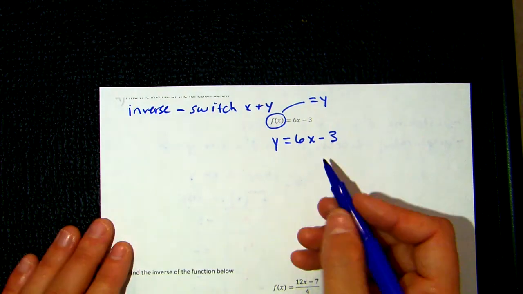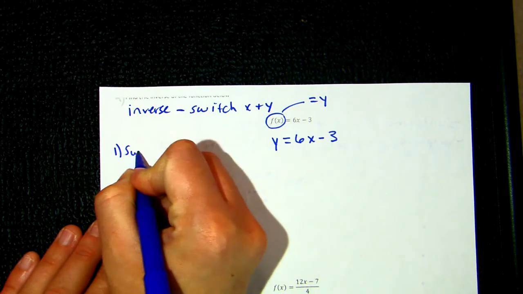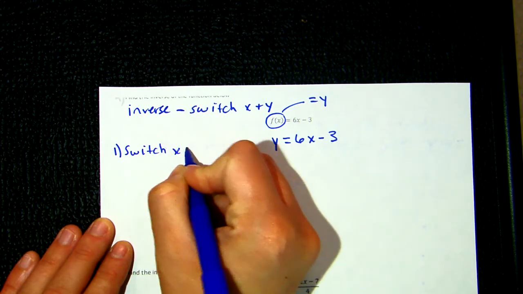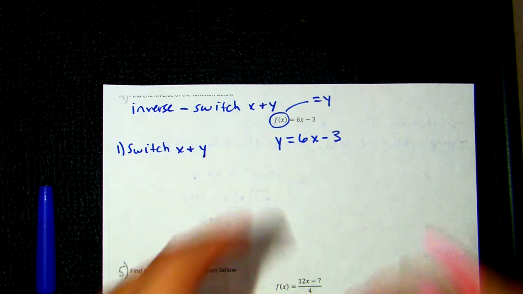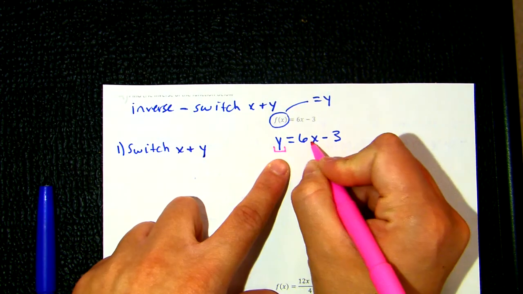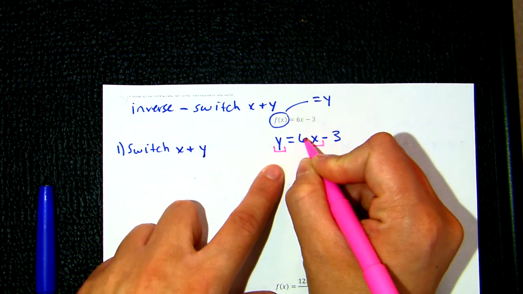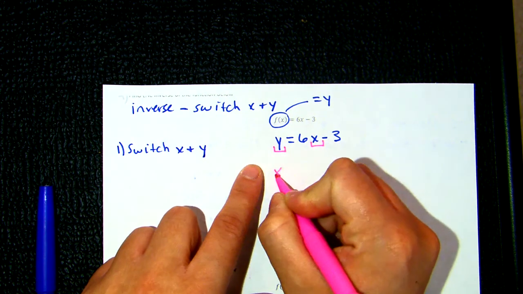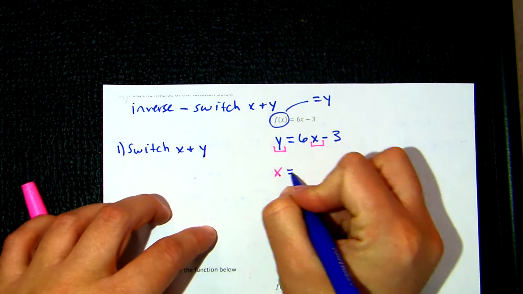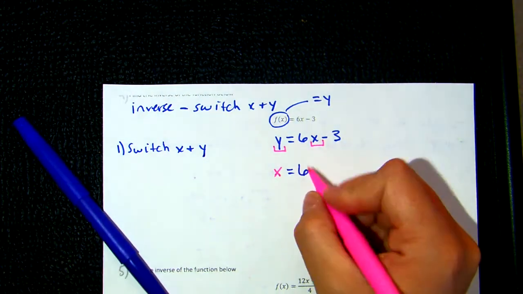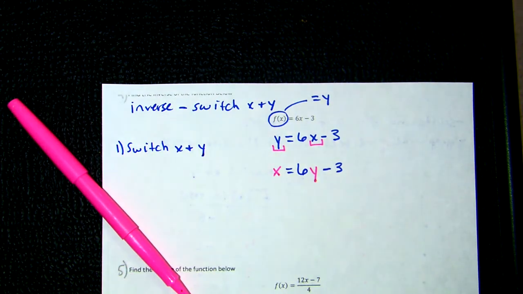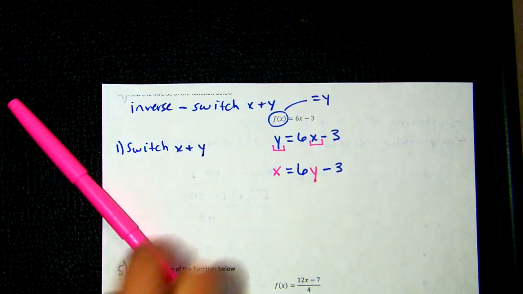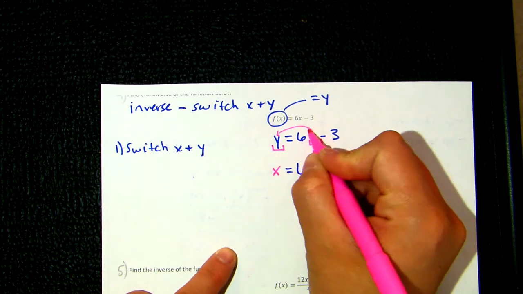So my first step is to just switch x and y. Now notice here it's just this y and just this x. It is not the number in front. So this should become x is equal to 6y minus 3. Okay, so all I've done here is switch those x and y values, flip-flopped them.